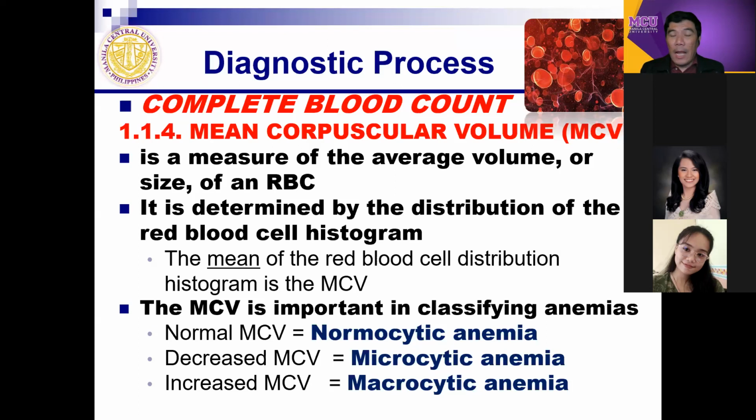towards anemias. Now, in the mean corpuscular volume, usually we measure the size of the cell, specifically RBC, because this matters when it comes to the capacity of the red blood cell to carry oxygen for circulation.